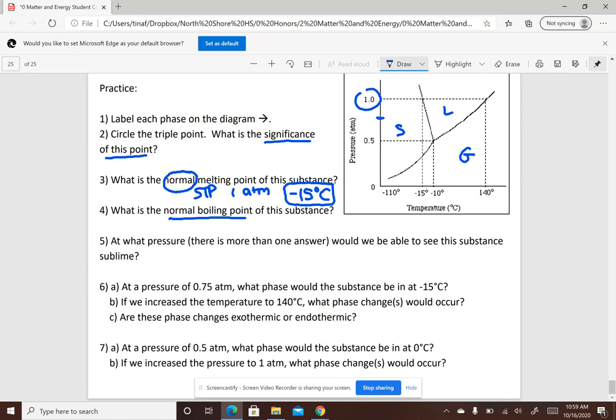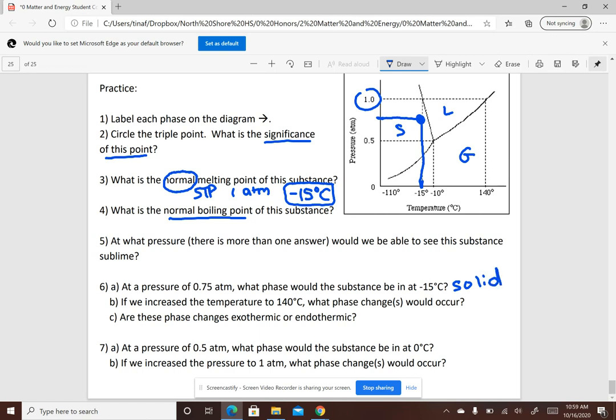All right, so I'm at negative 15 degrees Celsius, and I'm going to see where these two lines intersect. They intersect right here. So what phase would the substance be in? It's almost as if you're plotting a point, guys. So both of those lines met up in the solid phase.